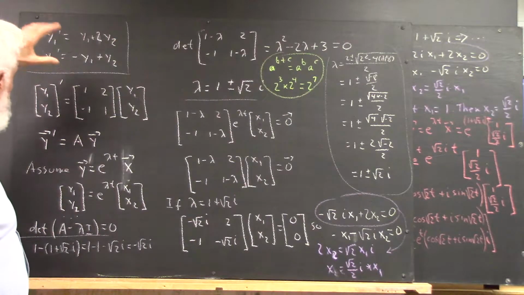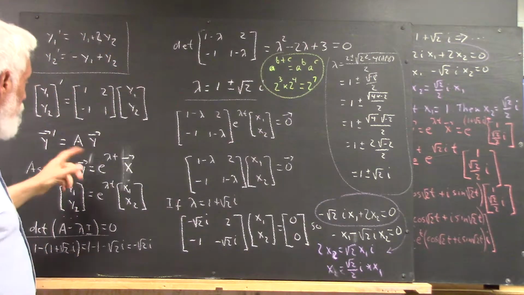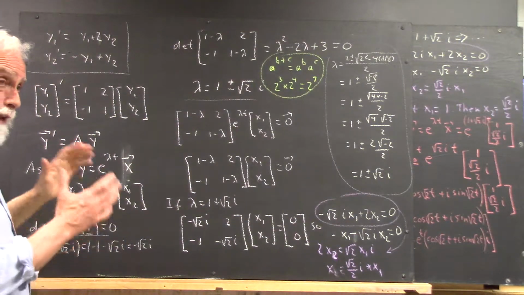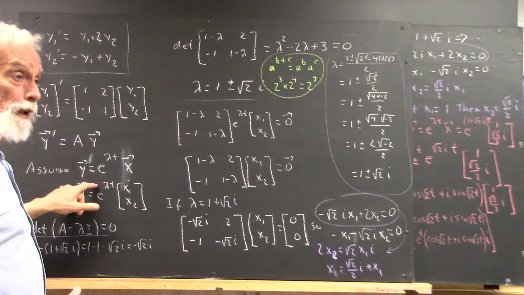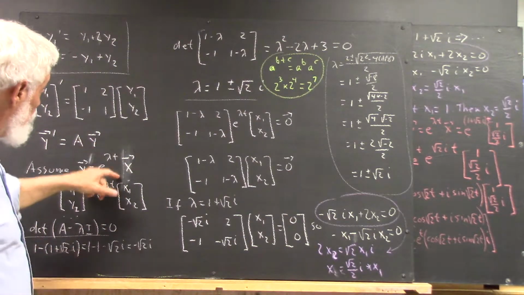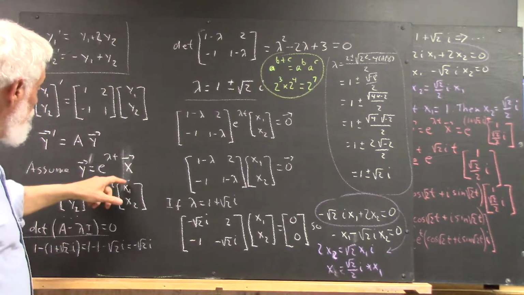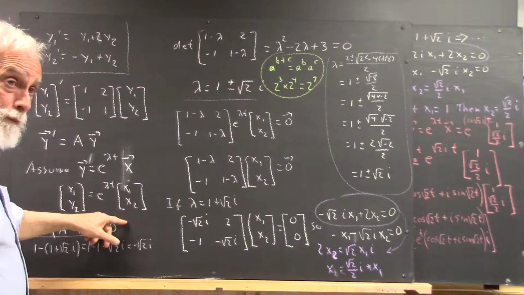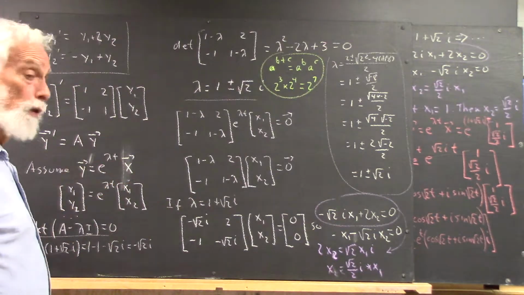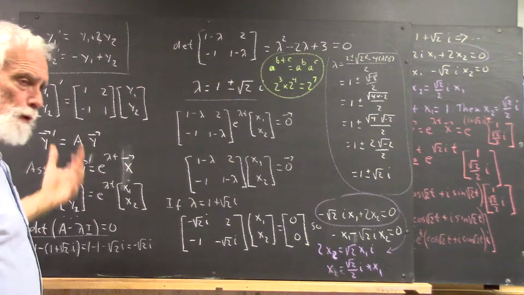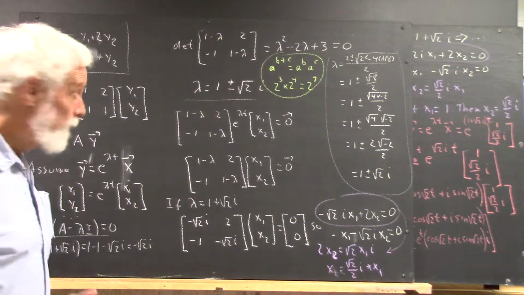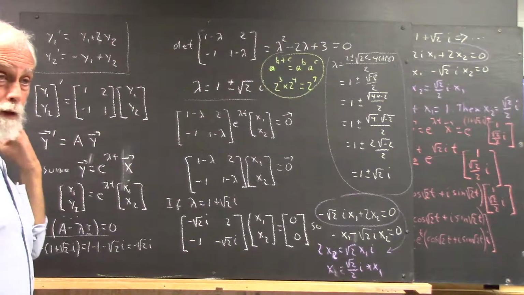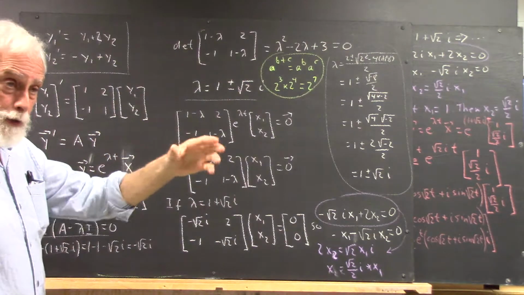Now, we're doing systems of equations, so our constant is not going to just be an a e to the rt. It's going to be an x vector times e to the lambda t, the x vector being a constant vector x1, x2. And just as before, to get a particular solution, or a solution to fit initial conditions, we have to evaluate our constant a in a e to the rt.